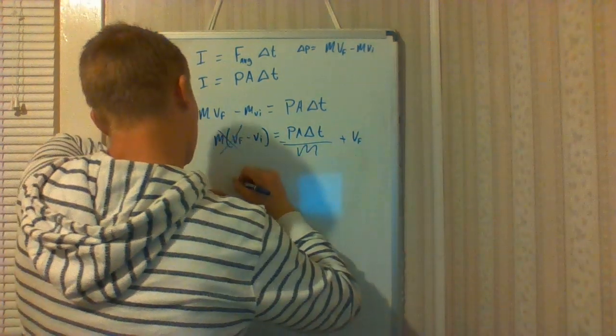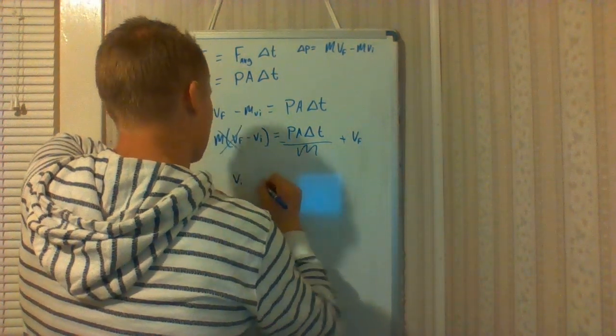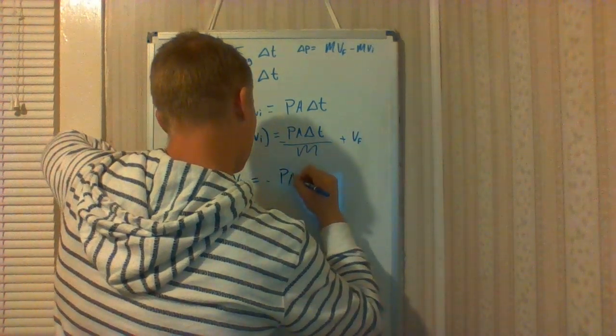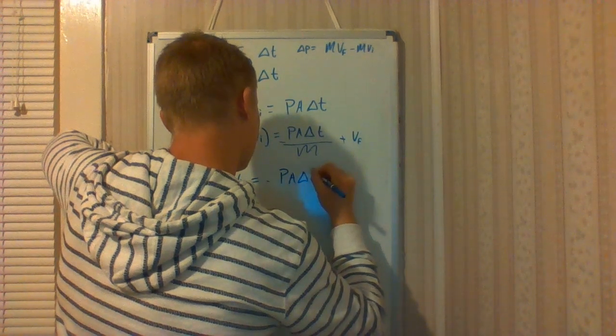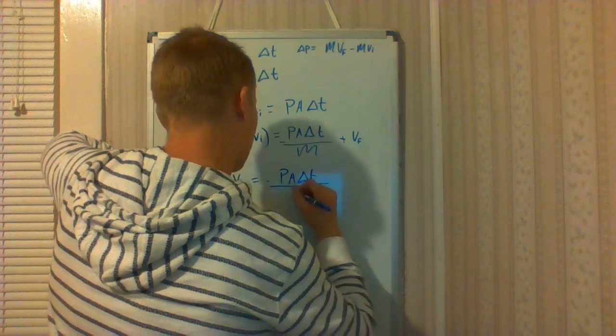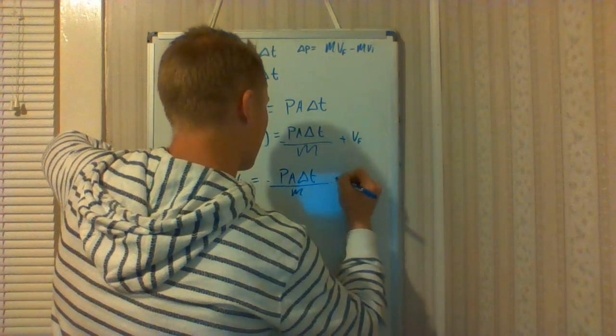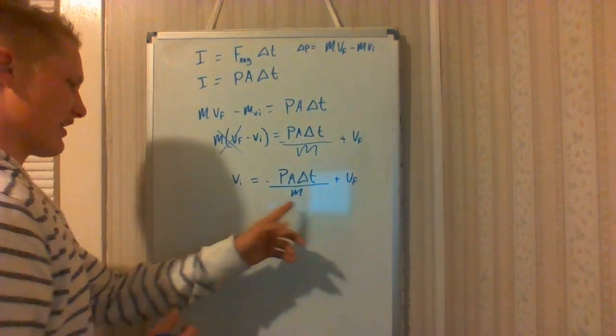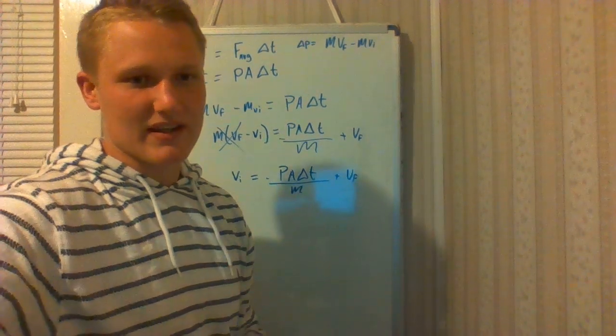And then you come out to your initial velocity equal to negative P A delta t over m plus vf. Or I guess I could just say vf minus all that stuff.